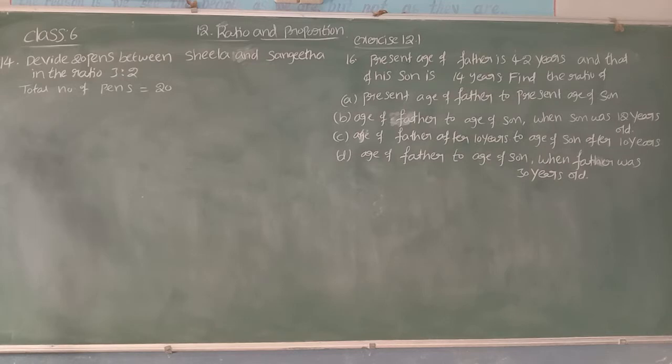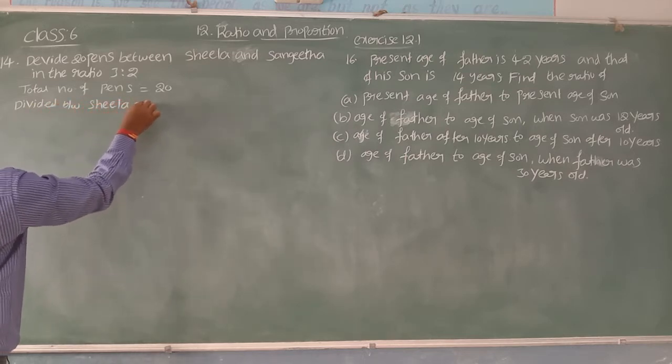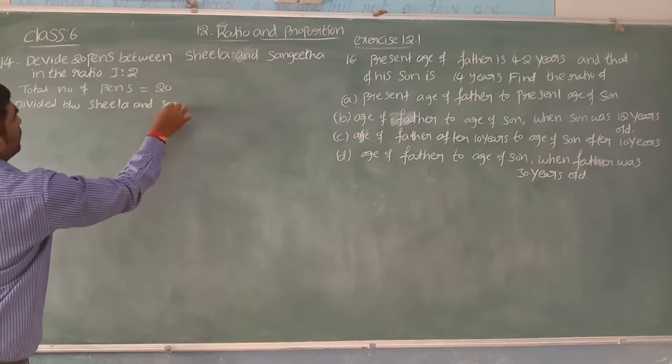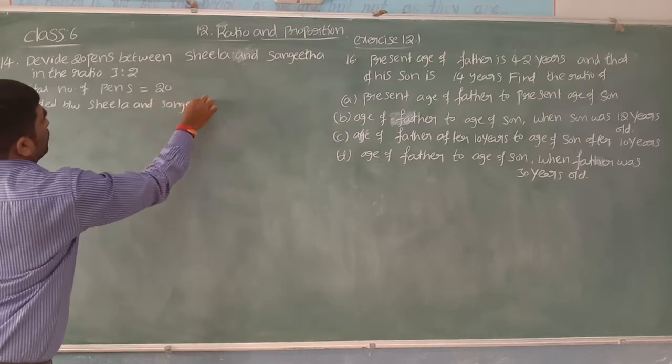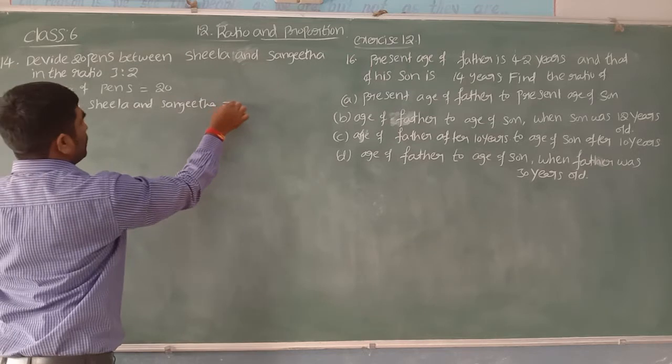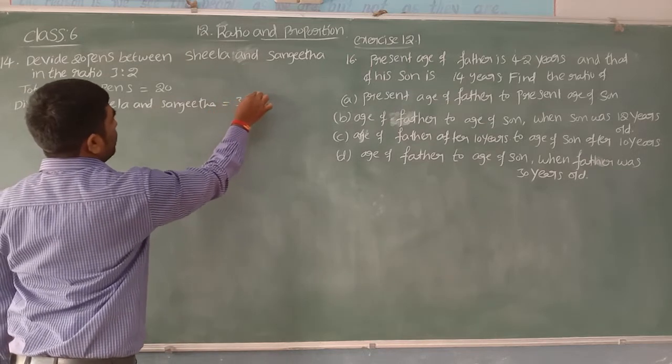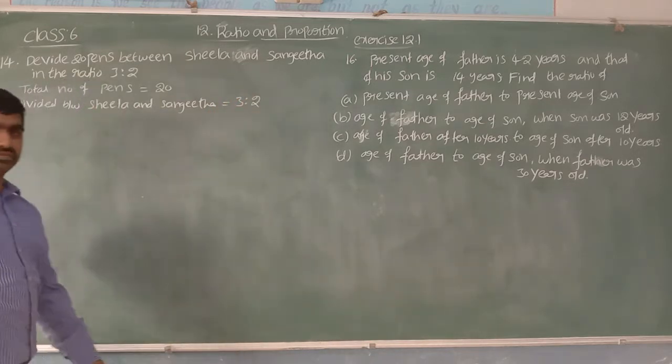Yes. Now divided. They said divided between Sheila and Sangeeta. In what ratio did they divide? They divided in the ratio of 3:2.